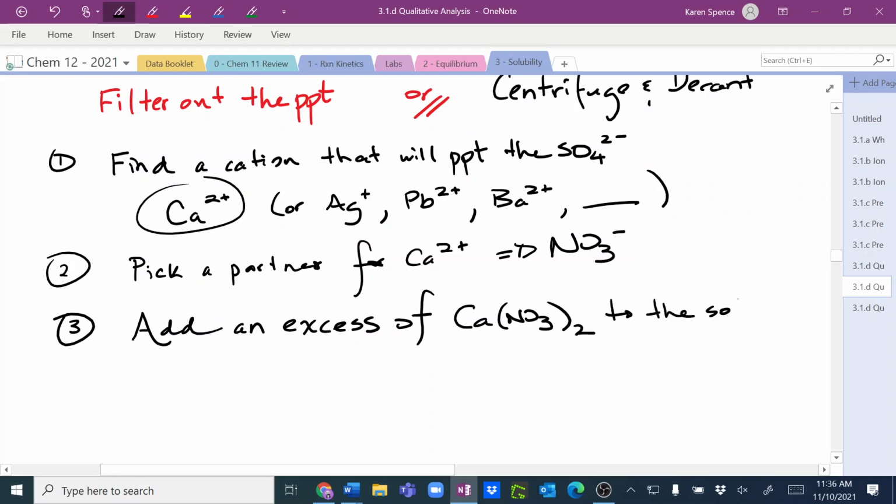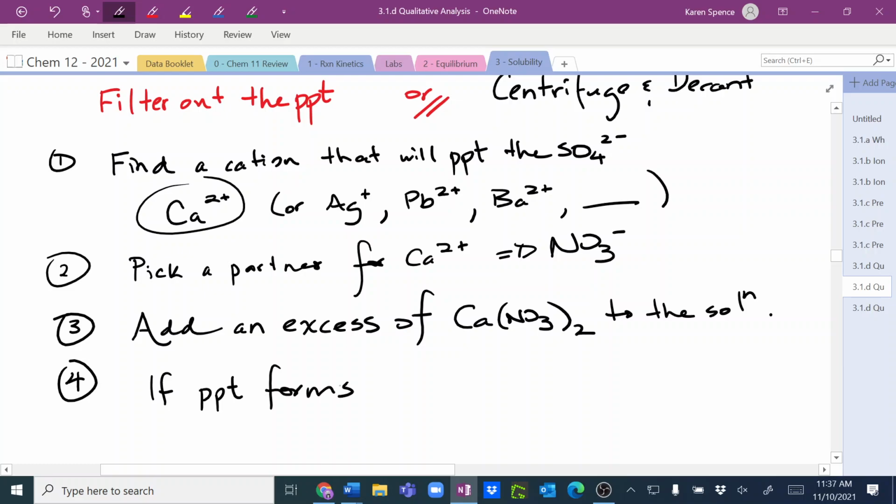Now, you don't actually need to write anything down for step 1 and 2. You really just start writing in step 3. In step 3, you need to write something. In step 4, you need to write something. What are we writing in step 4? If a precipitate forms, and I think what were we looking for?